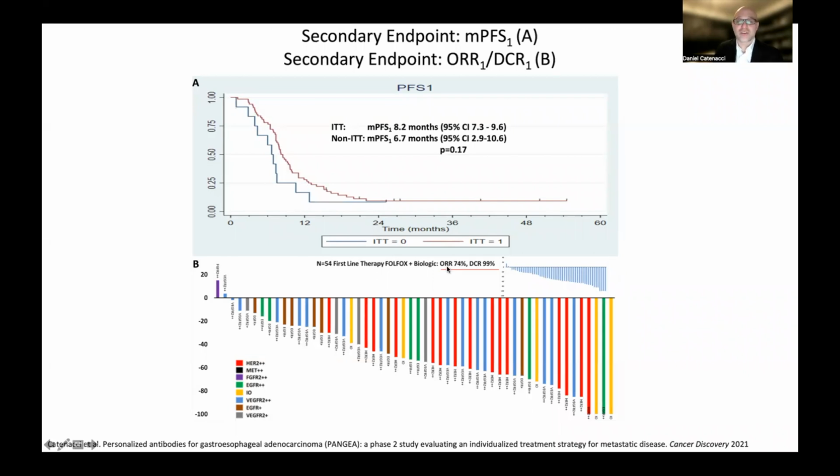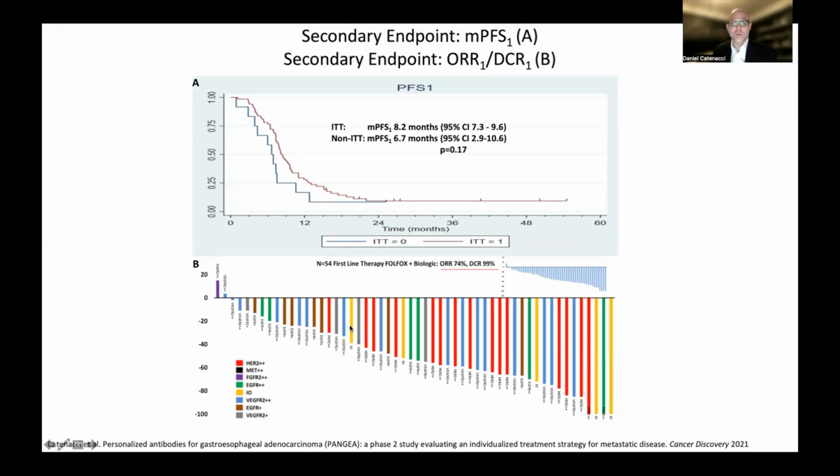The definition of overall response rate is a 30% or more shrinkage, and only one patient was defined as having growth as their best response to the first-line therapy. So this rainbow waterfall plot shows that almost every patient had tumor reduction in size, and about three-quarters of them had an official response as their best response to first-line therapy.